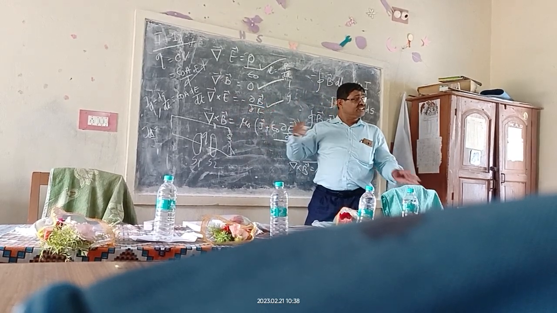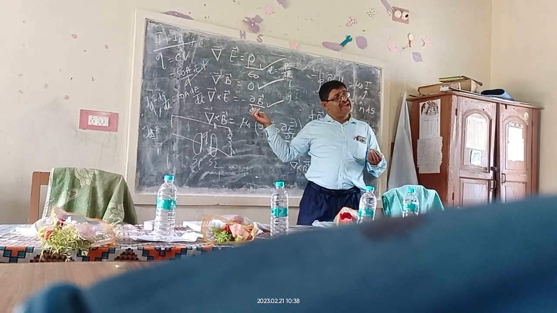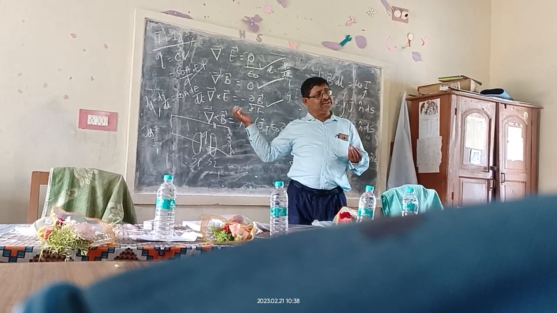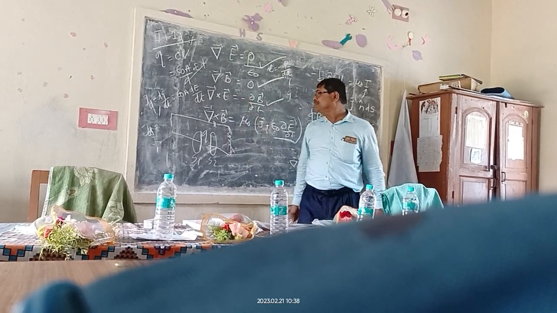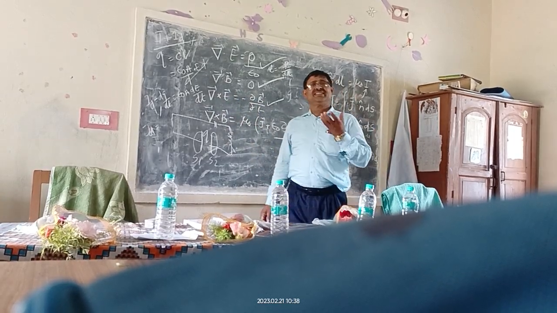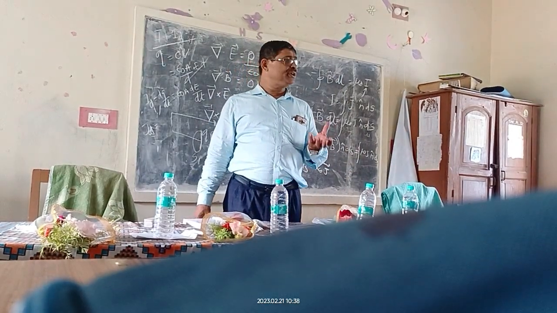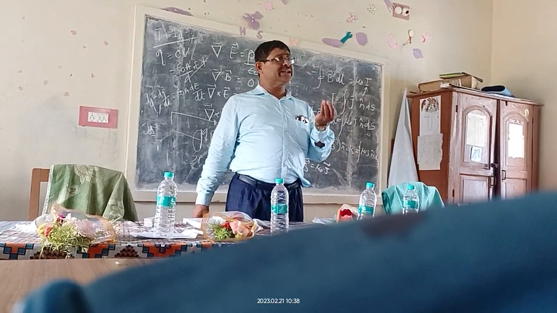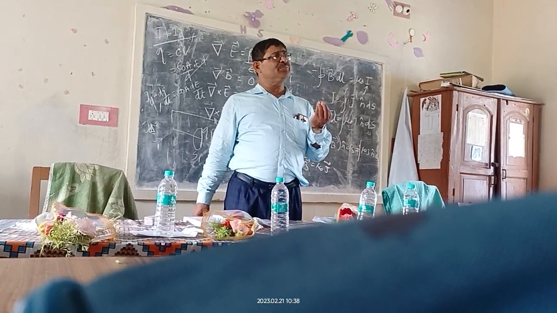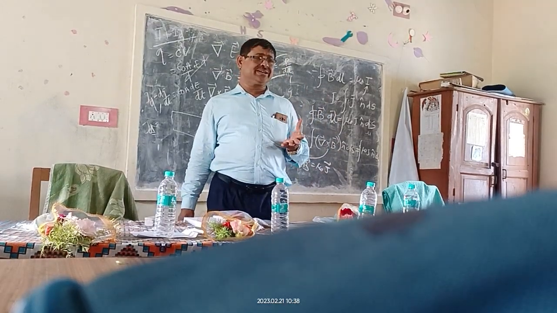The curl, the rotation, is perpendicular to the plane containing the magnetic field, and electric and magnetic fields are perpendicular to each other. It also suggests the current can be possible in a vacuum between two plates of a capacitor, and the total current is the contribution from the electronic current as well as the displacement current.